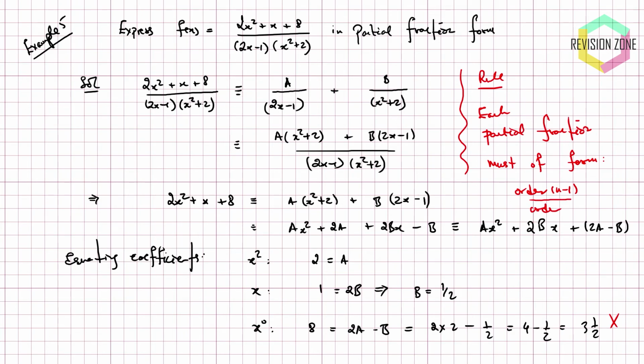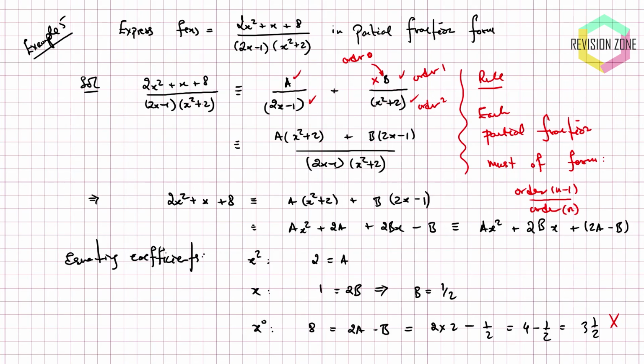Okay? So if you've got something of order n at the bottom, so this is of order 2, the top has to be of order 1. And in this case, we don't have this of order 1. Currently, that's just of order 0. Right? That's currently order 0, and that's what's causing the problem. This is completely fine because we've got order 1 here, and that's order 0, and 1 and 0 is less than 1, but this one is not fine.